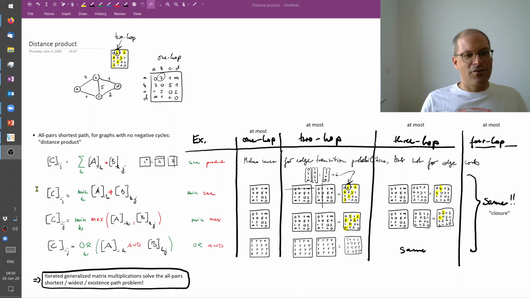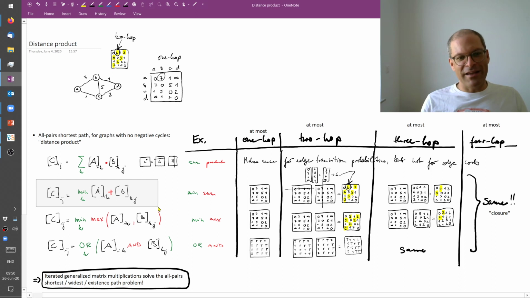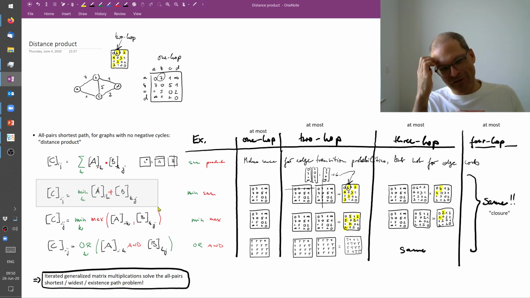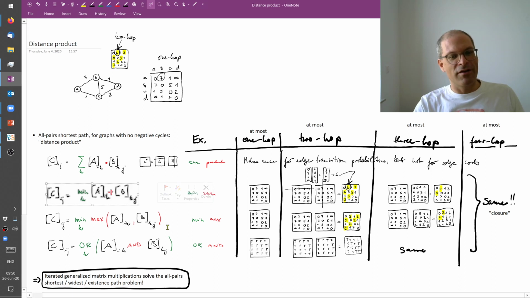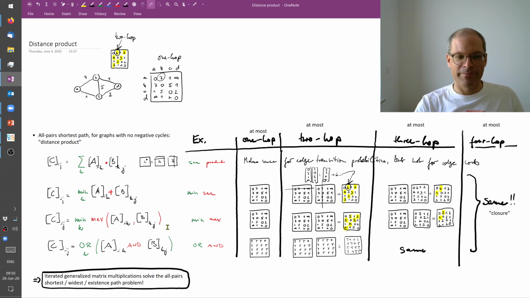Okay, so we've been using this funny kind of matrix multiplication, and we found that it gave us the shortest path. Now, if you remember the kind of update rules that we used in the generalized single source or generalized Dijkstra's algorithm, sometimes we were interested in the widest path, where the cost of a path is given by a single most expensive edge.